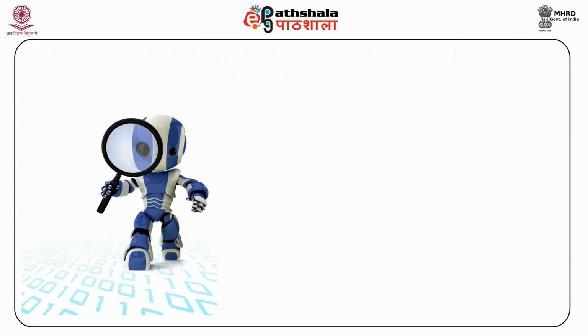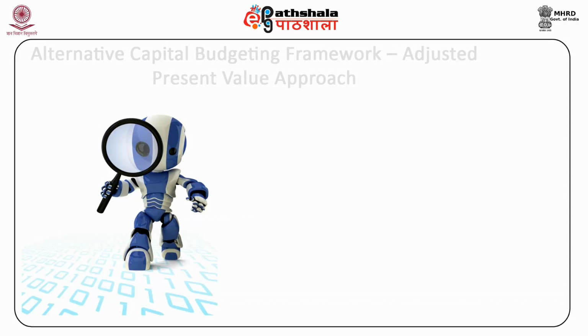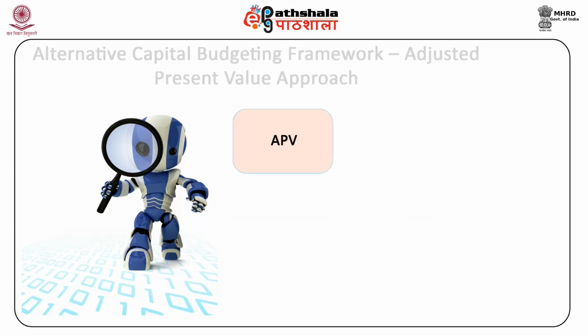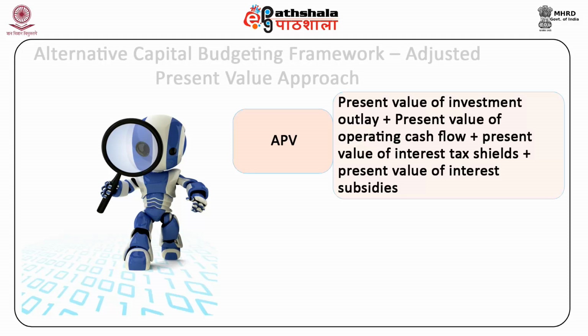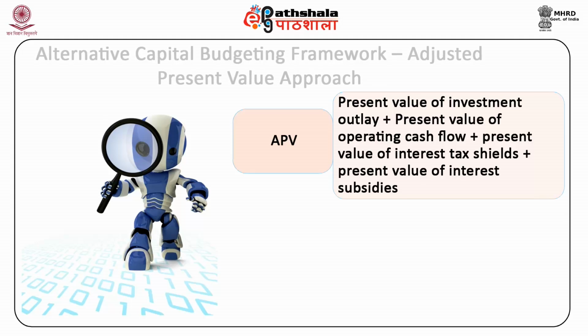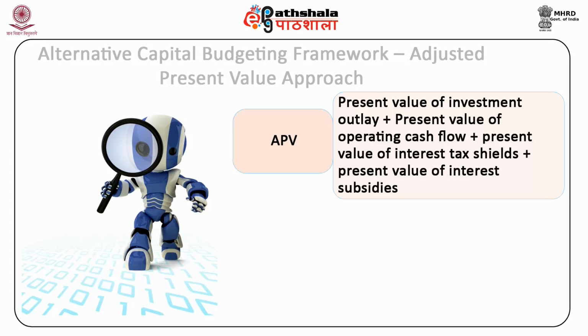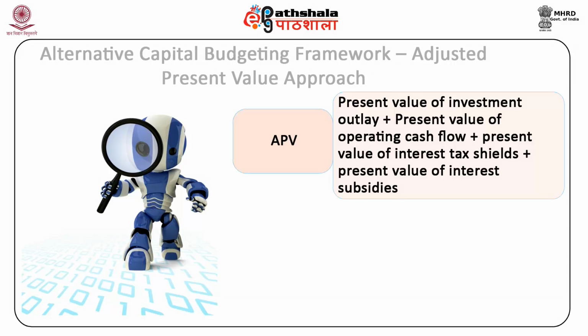The APV method is an additive approach to capital budgeting. In the APV approach, each cash flow is discounted at a rate of discount consistent with the risk inherent in that cash flow, where APV is the present value of investment outlay plus present value of operating cash flow plus present value of interest tax shields plus present value of interest subsidies.